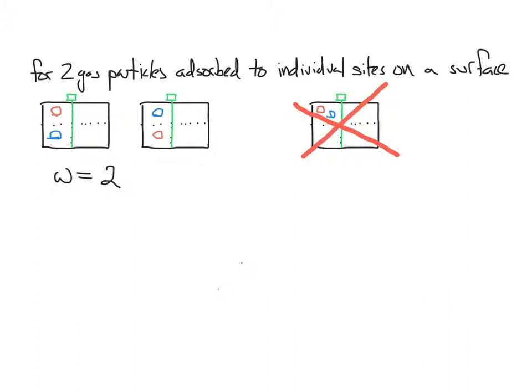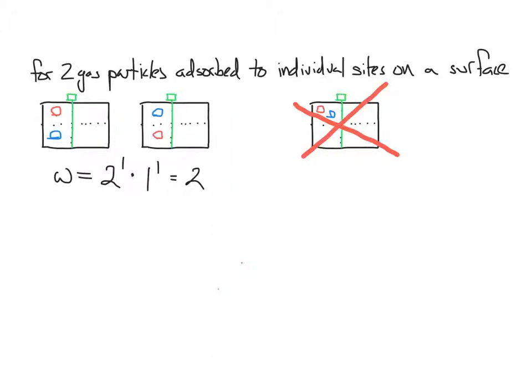Therefore, the cell number is 2, and there's one red particle, so that's 2 raised to the 1. The next step would be to add the blue particle. Because one of the cells is already occupied, the number of cells that the blue particle could occupy is 1. And there's one blue particle, so that would be 1 raised to the 1. So W is equal to 2 for this system.